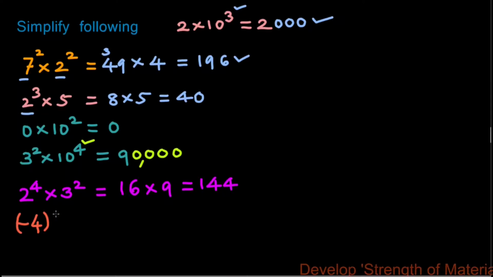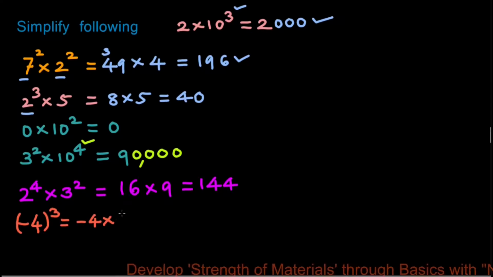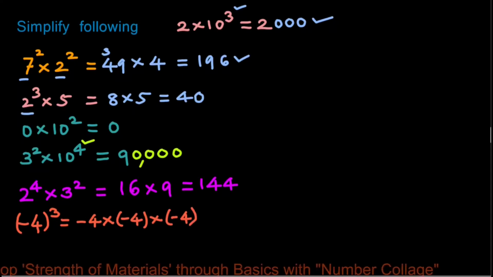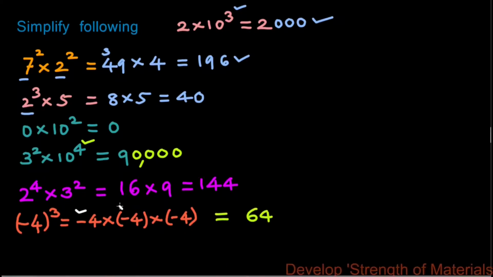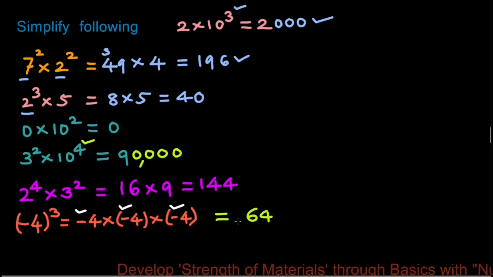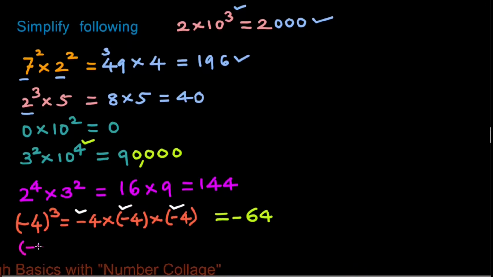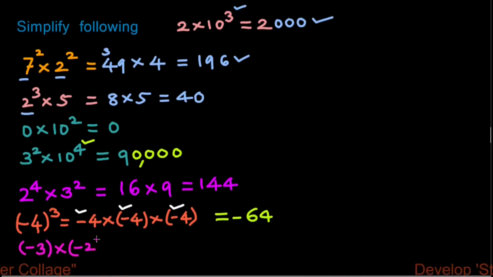Minus 4 cube will be minus 4 multiplied by minus 4 multiplied by minus 4. Minus 4 multiplied by minus 4 will be plus 16. 16 fours are 64. This minus into minus will be plus, and plus multiplied by minus will be minus. So this will be minus 64. Minus 3 multiplied by minus 2 cube.